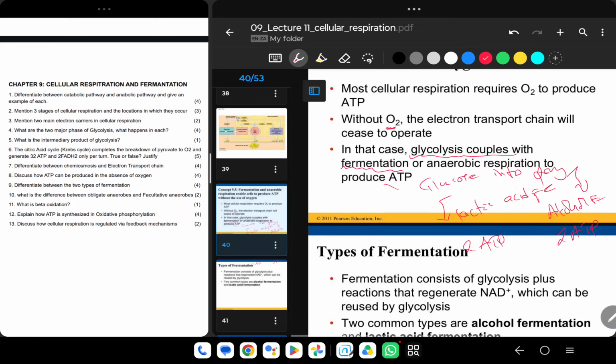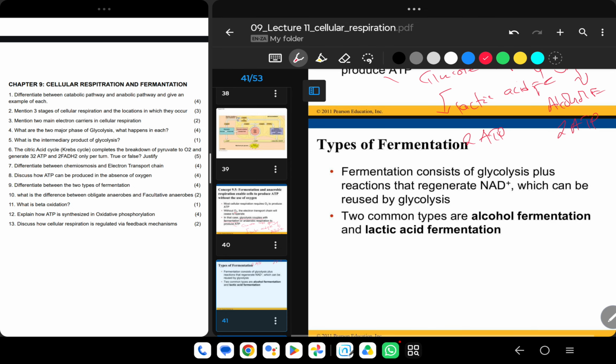So those different types of fermentation involve alcohol fermentation and lactic acid fermentation. Alcohol fermentation involves the formation of specifically ethanol in the absence of oxygen, and lactic acid fermentation involves the formation of lactate.